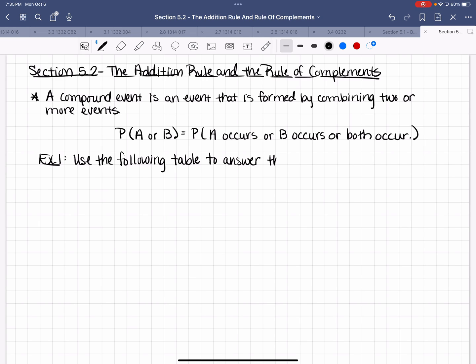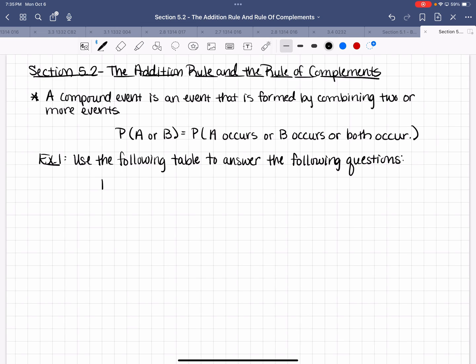I seriously had put off grading your test because I was like, this is going to make me sad. And I didn't want to grade it and put the grades in there, and then it would make you sad. But then you didn't make any of us sad. Good job. Use the following table to answer the following questions. Oh, that's nice of them.